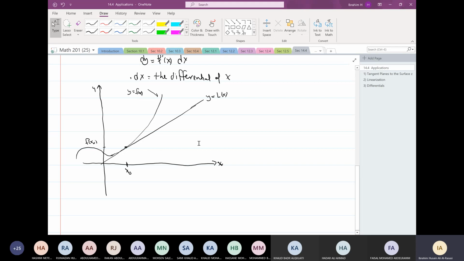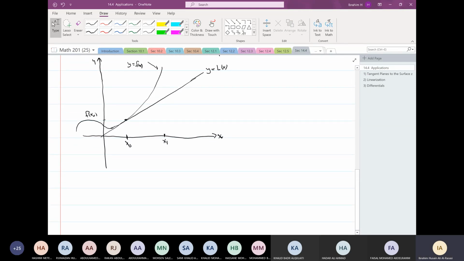Now we have the following. I will move from x0 to x1, so this is x1 here. I will move along as x changes from x0 to x1.